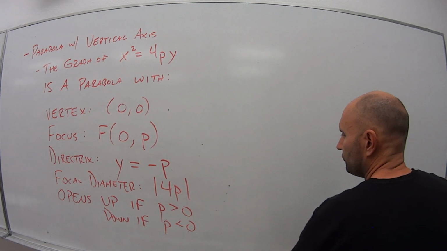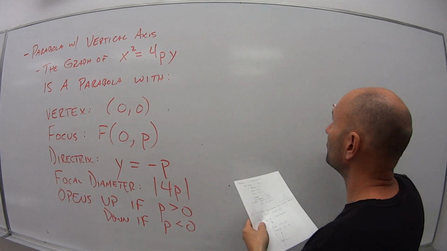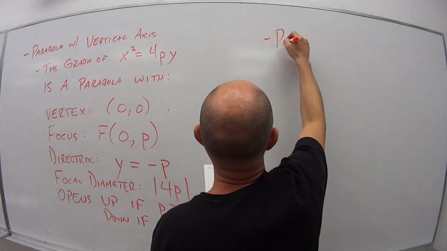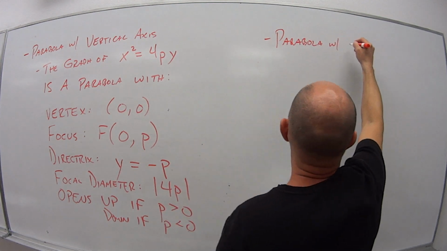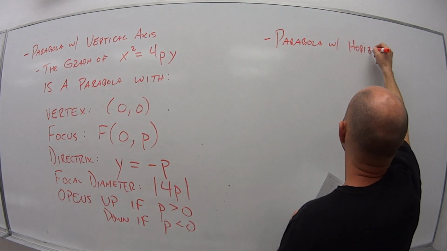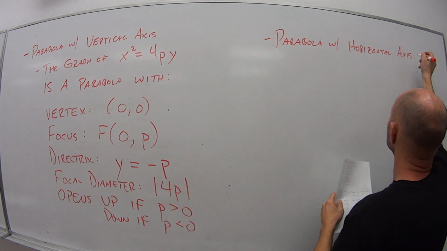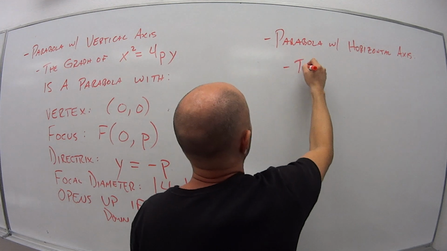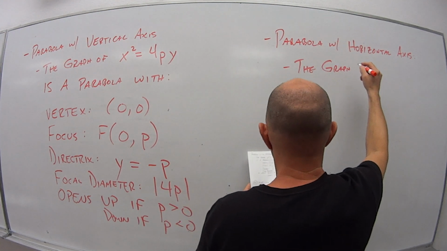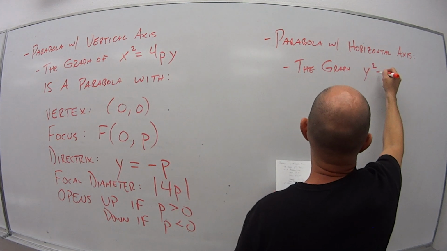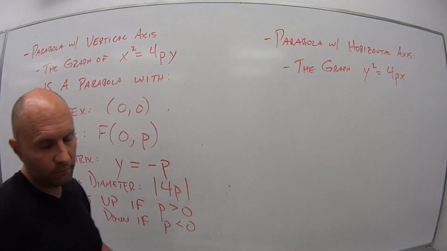Now we're going to introduce you to a parabola with a horizontal axis, so pointing left or right. This will be new material for you. So, parabola with horizontal axis. In this case, the graph is y squared equals 4px.